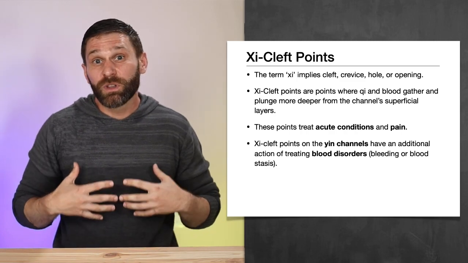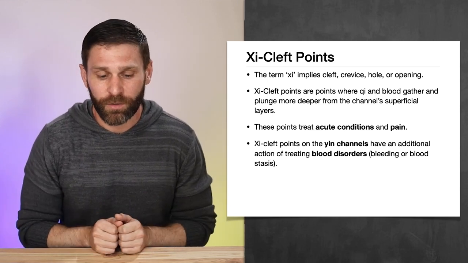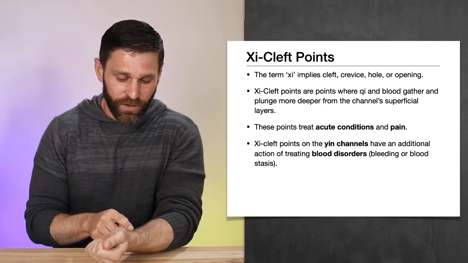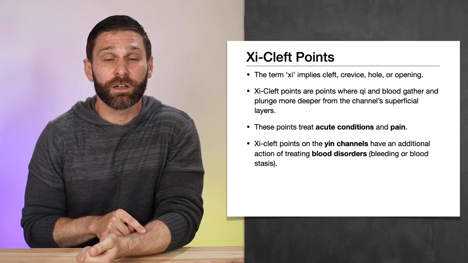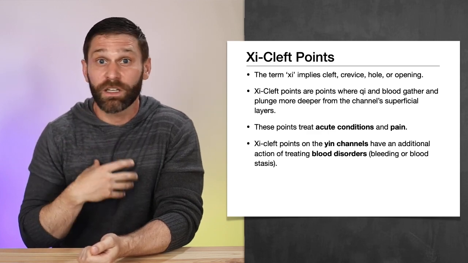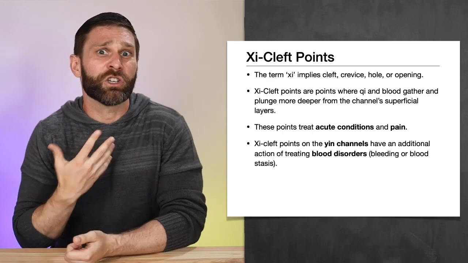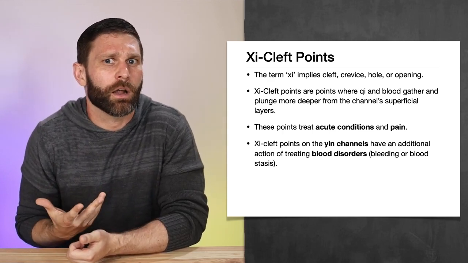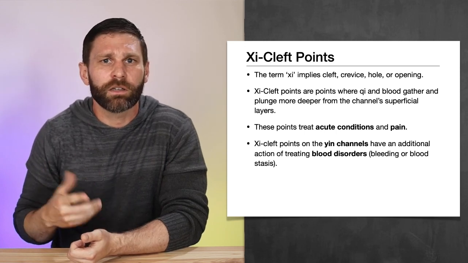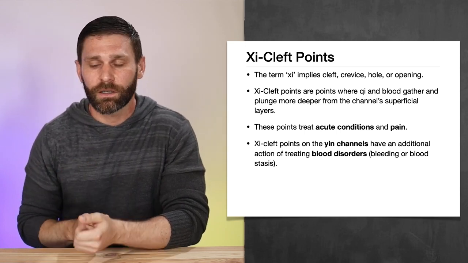Those are signs of blood stagnation, and so that's where we can treat it. On the lung channel, the Xi-Cleft point is lung 6, and it's indicated for things like nosebleed or coughing up blood, because those are bleeding conditions. Hopefully, it's usually an acute condition as well. Hopefully, you're not chronically coughing up blood. So it's an acute condition, but it's also a bleeding condition.